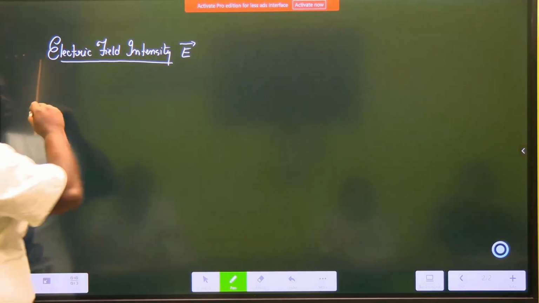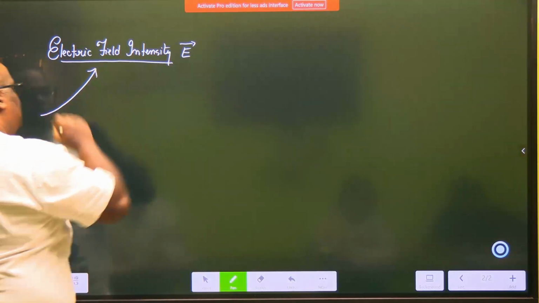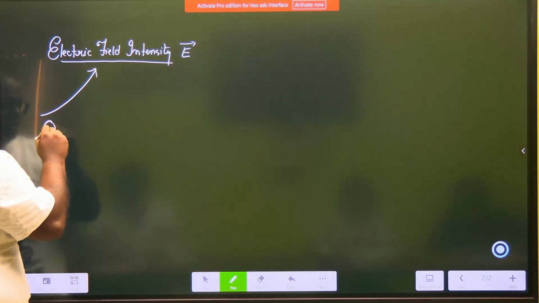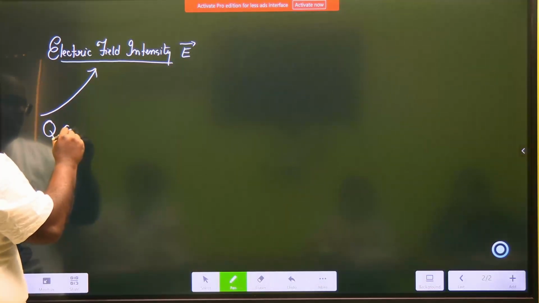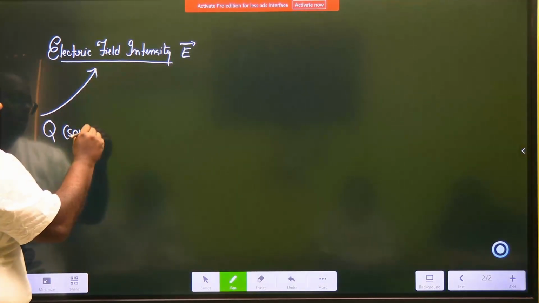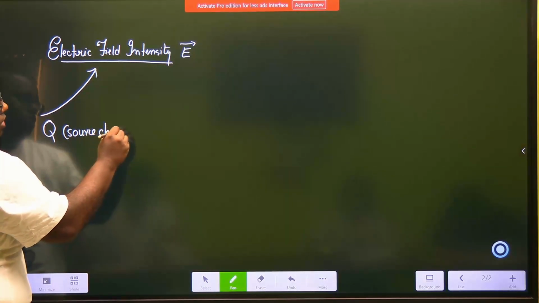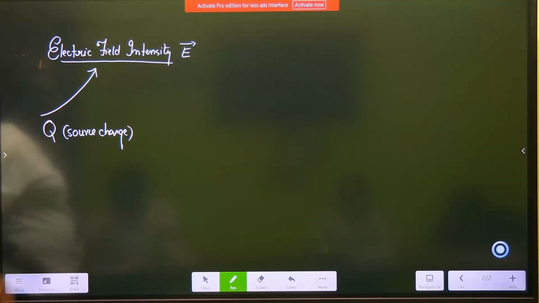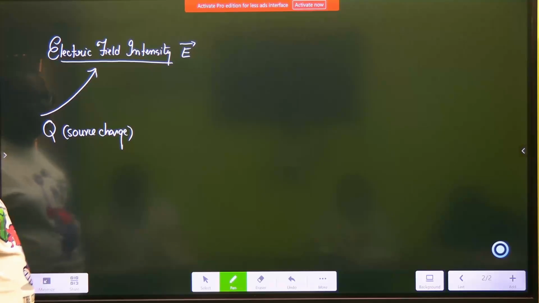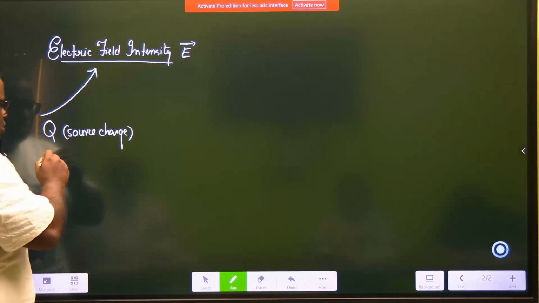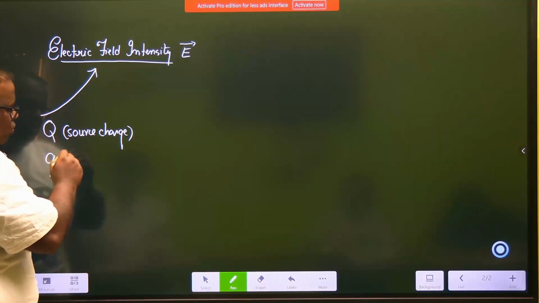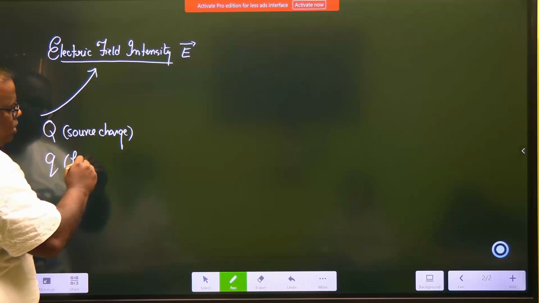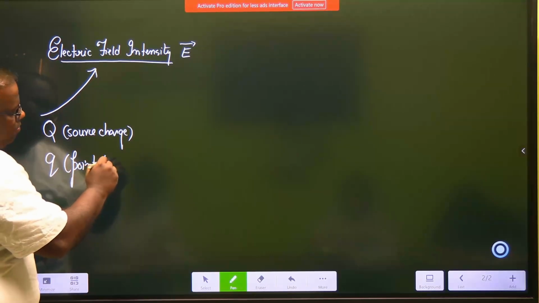Now, who is contributing to this electric field? Here we bring something which is known as Q. Q can be called a source charge. For your study purpose, we call it the source charge. It's the restaurant whose food products you are going to test. Or it can also be contributed by another charge called Q, which is known as a point charge.